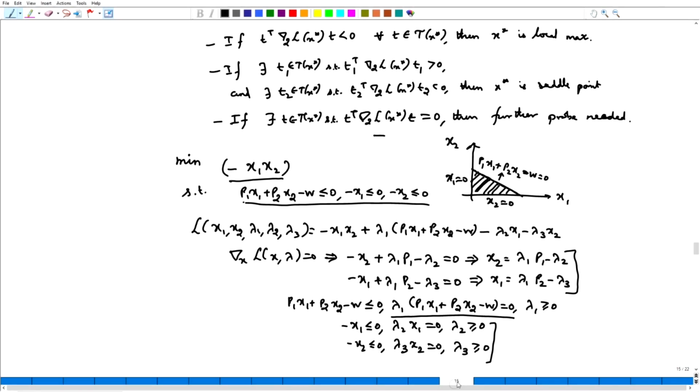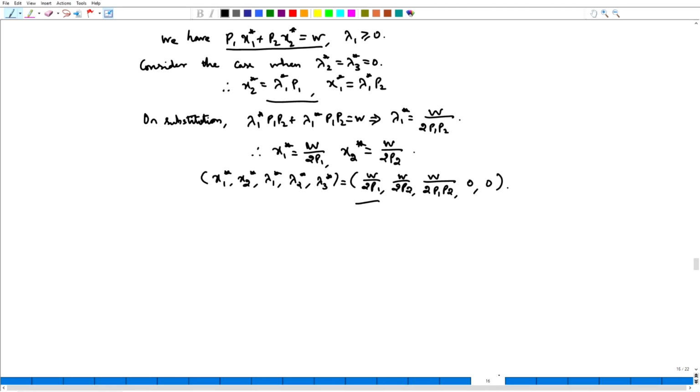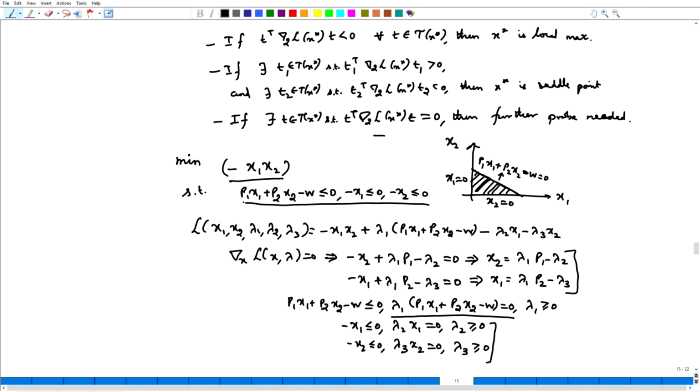And if you actually work out the second order conditions, you can see that del 2 L of x lambda is, if you differentiate this with respect to x1 you have 0, for x2 you have minus 1, similarly here as well you will have minus 1.